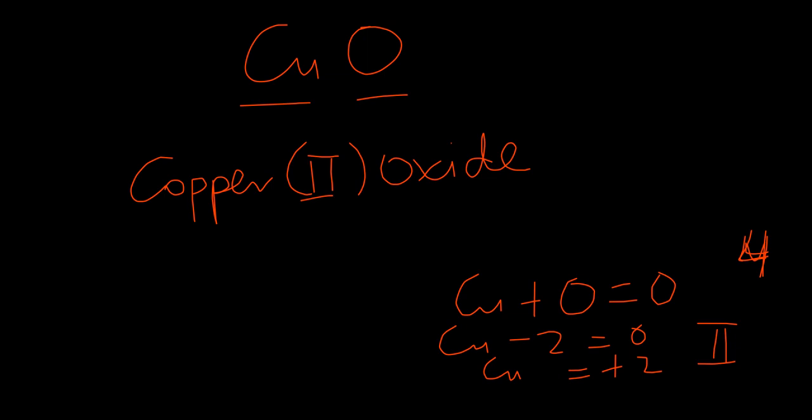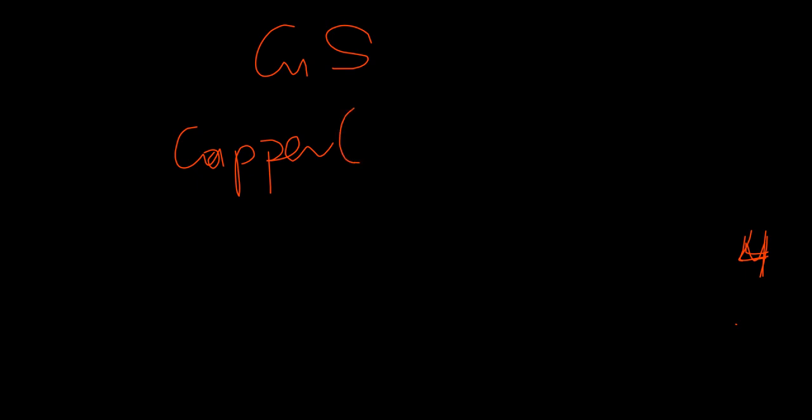This time we'll take Cu, then make it S. Here too it will be copper. Copper, because it has a variable oxidation state, we need to calculate the oxidation number. Then our sulfide, remember that.